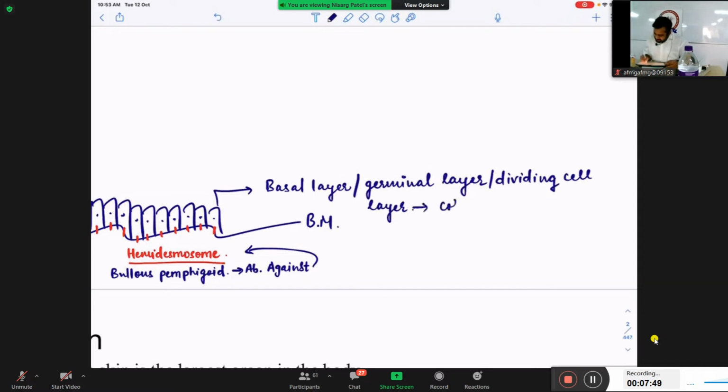As you can see, these contain columnar cells. The cells here are columnar.